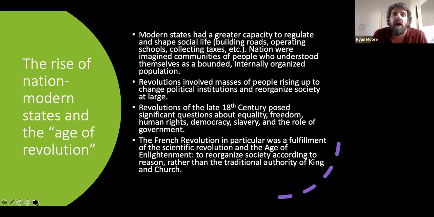So with the political factors of modern nation states and the Age of Revolution, modern states took over from the kingdoms of the feudal era, and had a much greater capacity to shape social life, to create infrastructure, and to regulate and govern social life: to build roads and operate schools and collect taxes and regulate disease and public health.